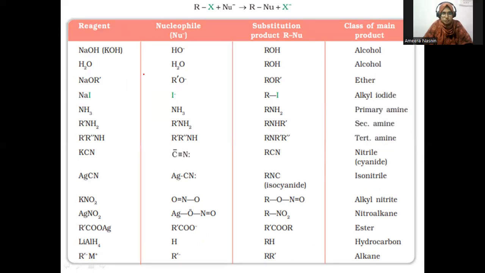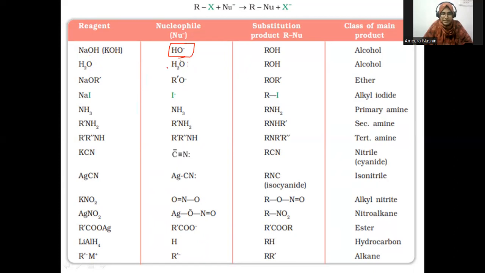If you are taking H2O, the nucleophile is H2O itself, and we are again getting an alcohol. So here, one point to note is that when we are taking NaOH, the nucleophile OH minus is a negatively charged species, and H2O here it is a neutral species.